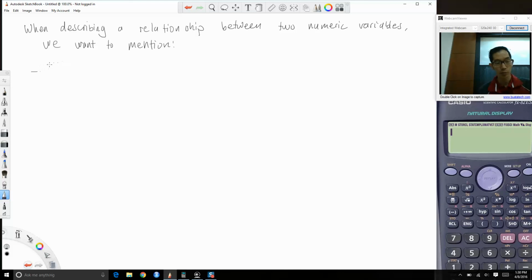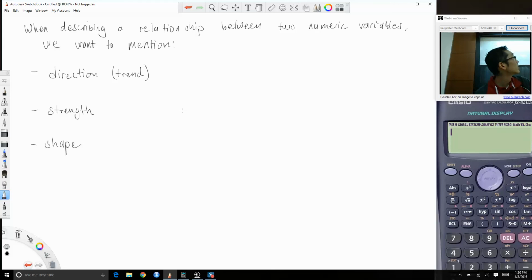And these things will be direction, also called trend. We want to describe the strength, and then the shape.